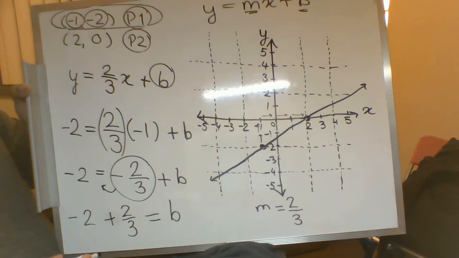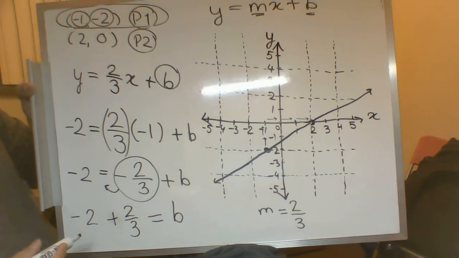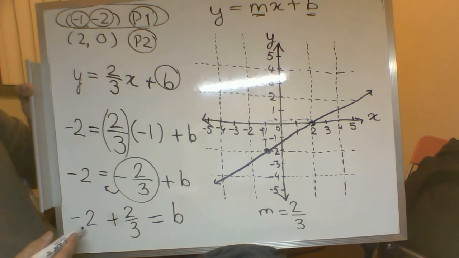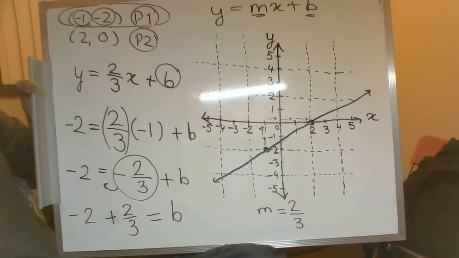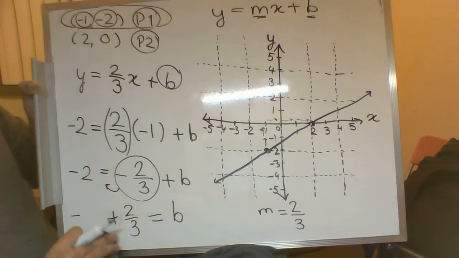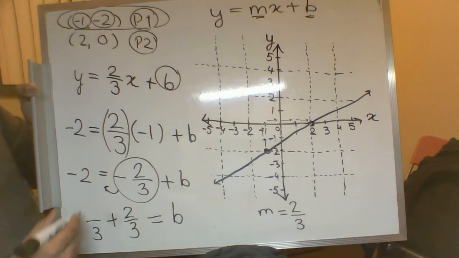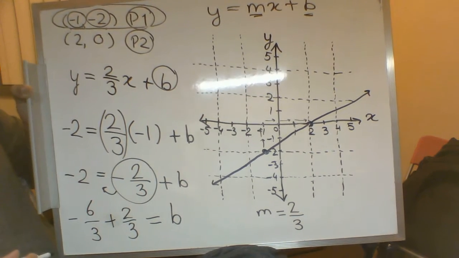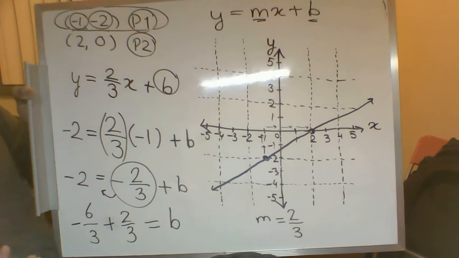Okay? But now I'm just going to erase this -2. I'm going to change it into a fraction with a common denominator with this one, because we have to add them. So in order to do that, we need to have a denominator of 3. So our numerator for that is going to have to be 6. And hopefully you guys can see why it needs to be 6.